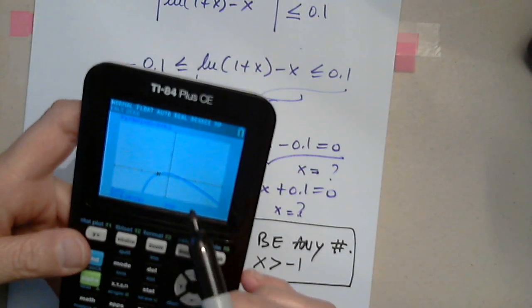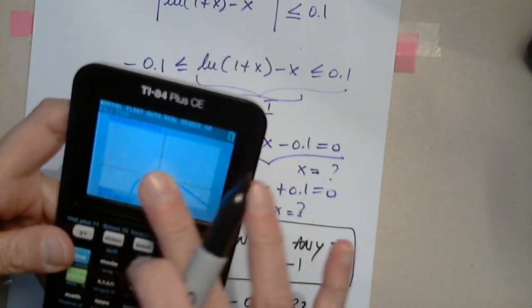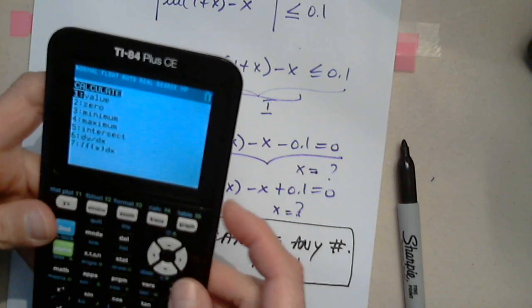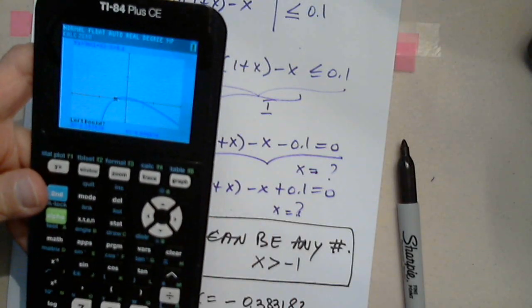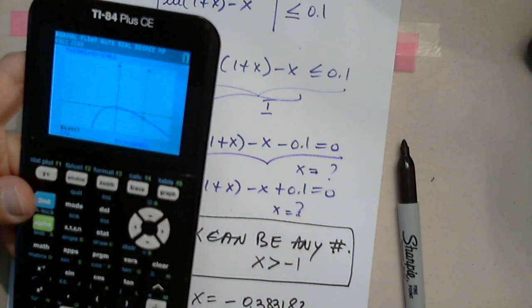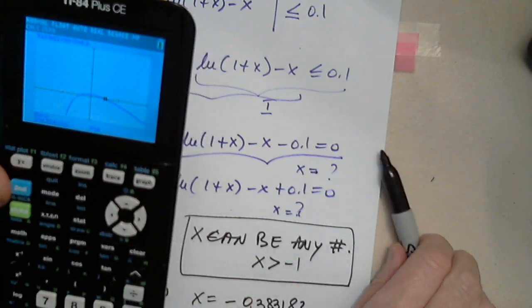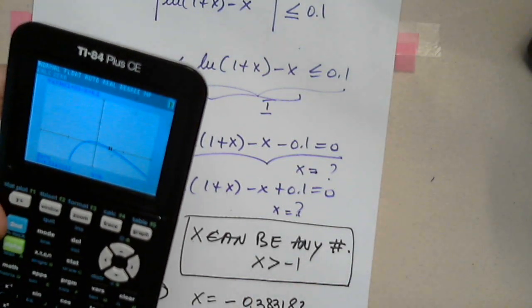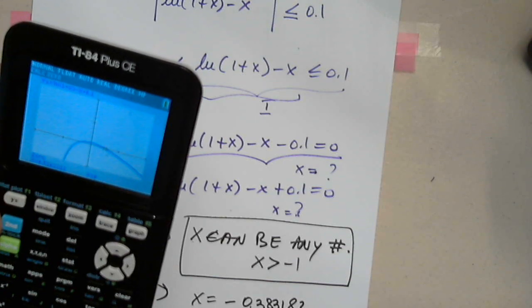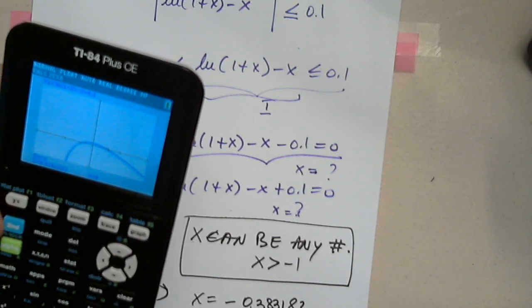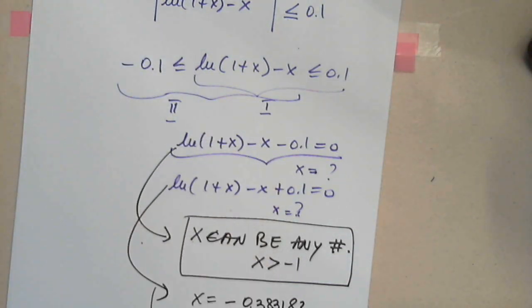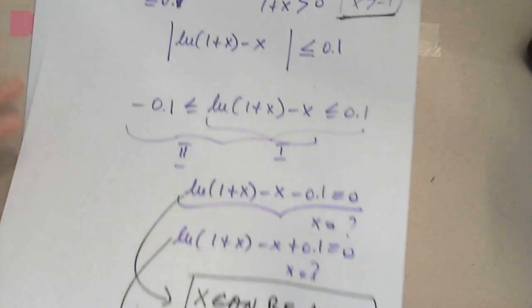So I'm finding the other one. So second and calc and the 0, and this time between 0 and 1. And the other one is x equals 0.51622. Okay. So now we have to put these together.